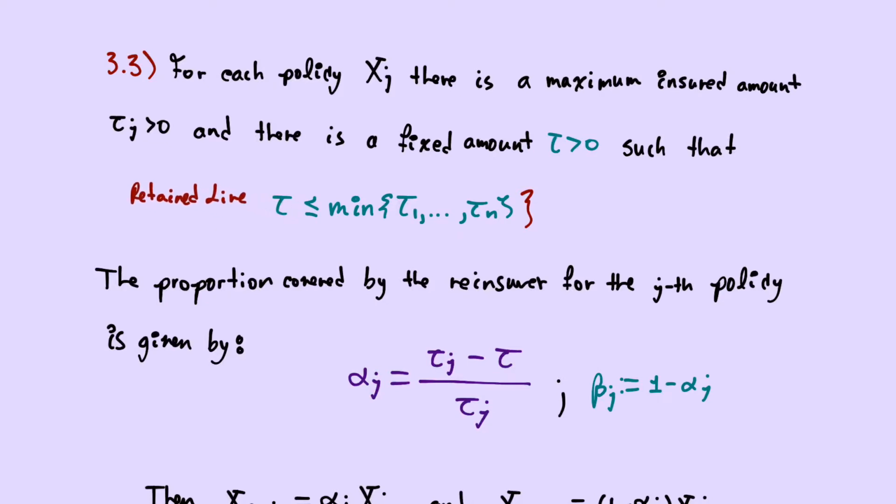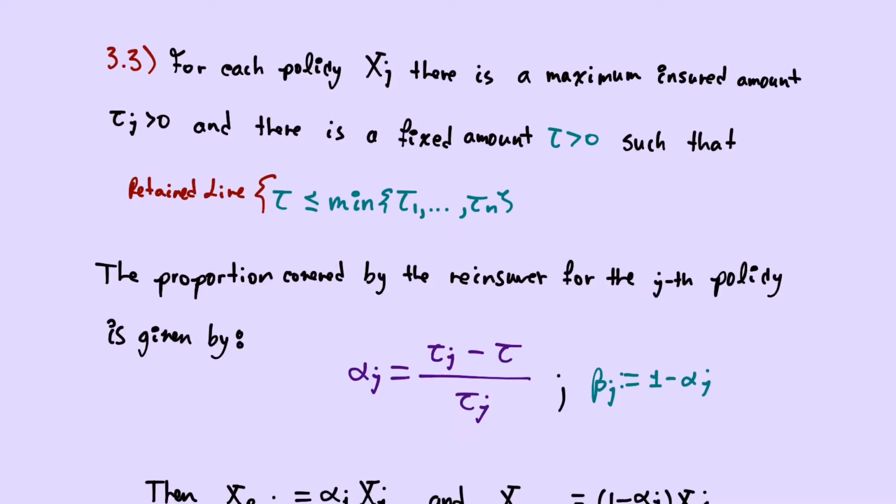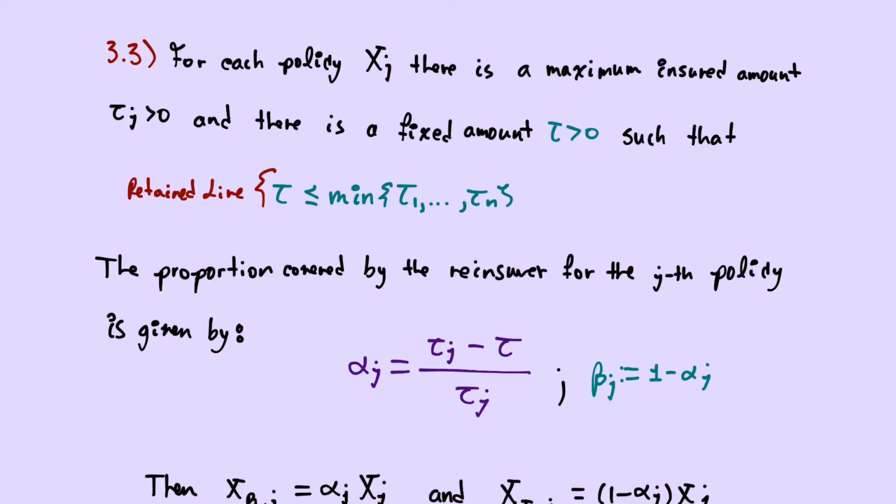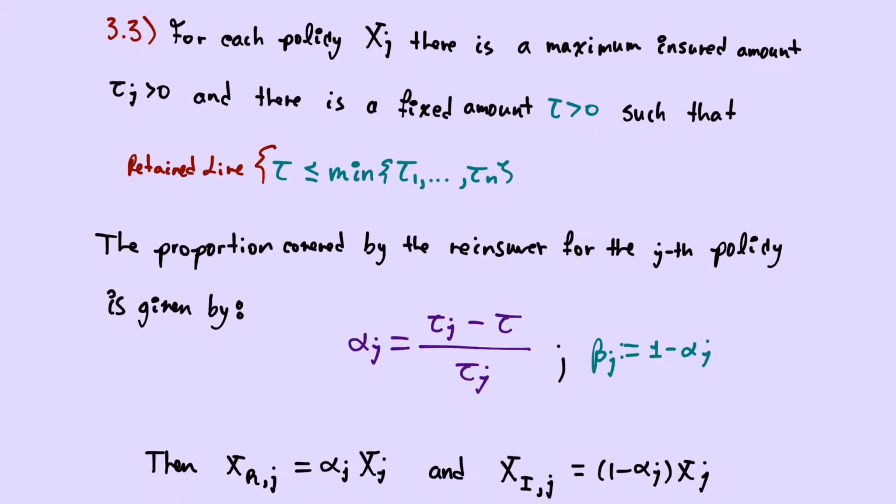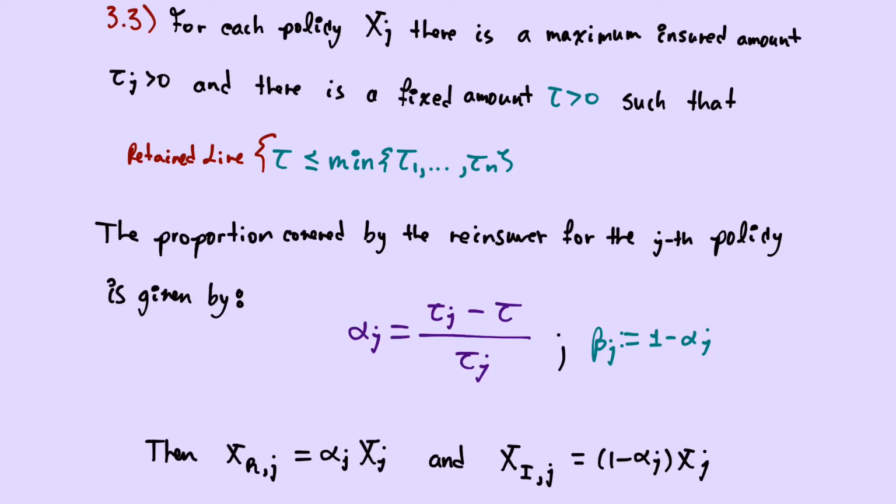This value of tau is also referred to, in some books or some pages, as the retained line. Retained line is the name that they give to this number.